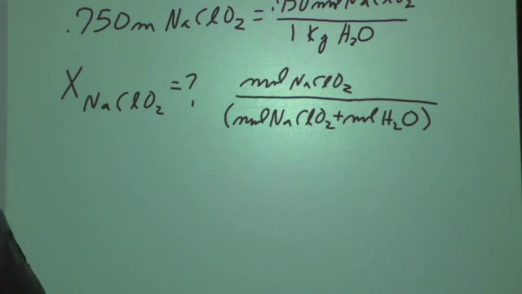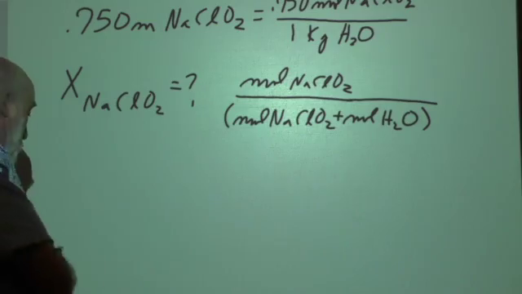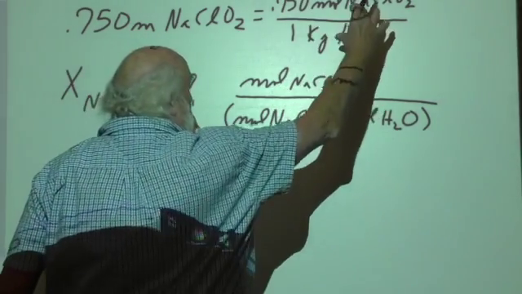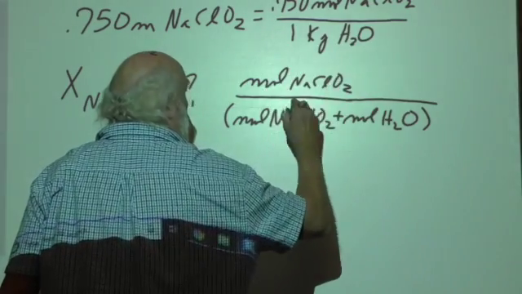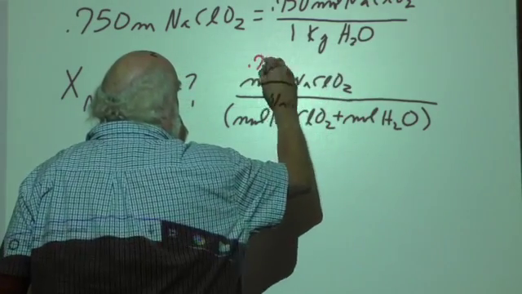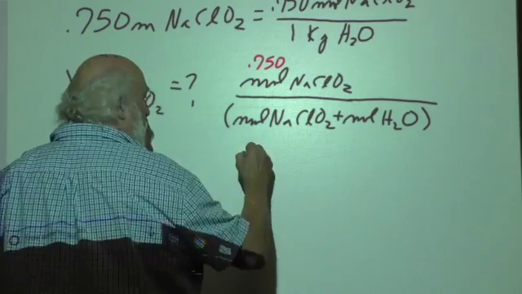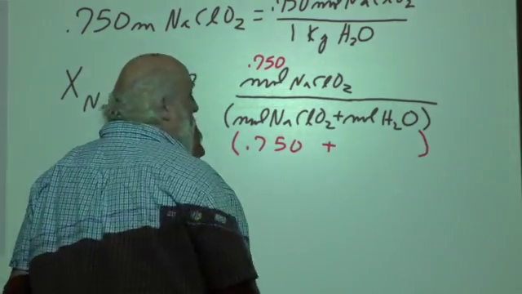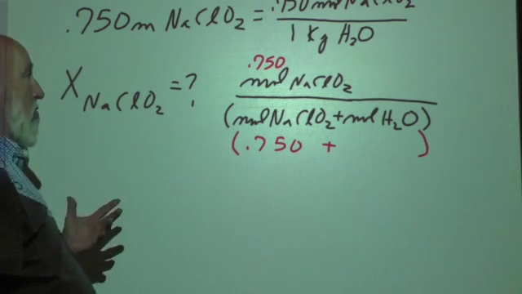All right, so what I'm going to have to do next is, first of all, plug in what I know. And since I know the number of moles of NaClO2 in this ratio right here, I'm going to put 0.750 for this and 0.750 for this. So now the question is, how many moles of water do I have?